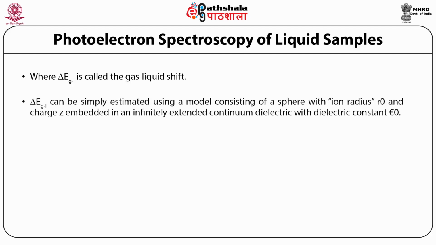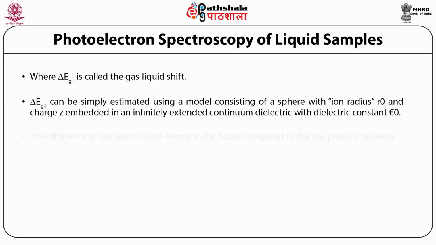Delta E G minus L can be simply estimated using a model consisting of a sphere with ion radius R0 and charge Z embedded in an infinitely extended continuum of dielectric constant epsilon.